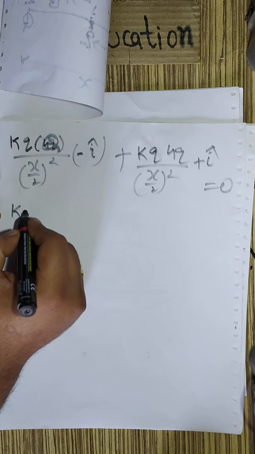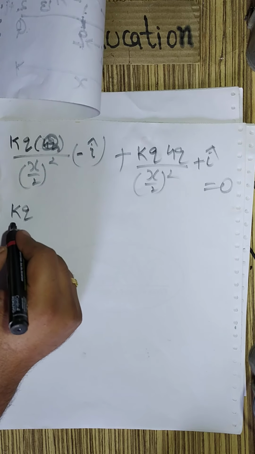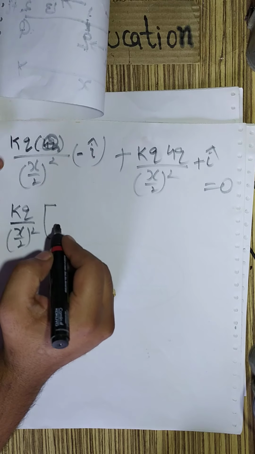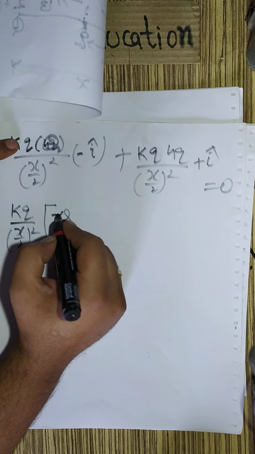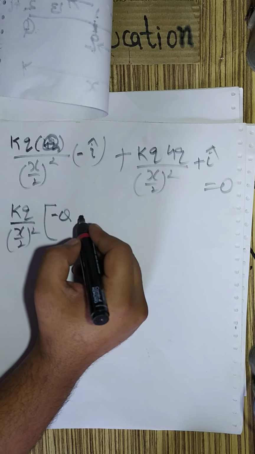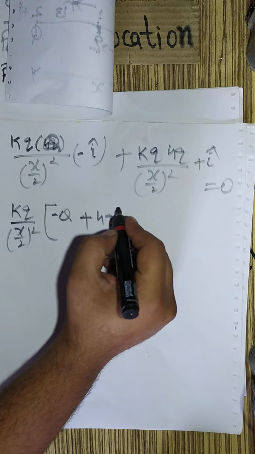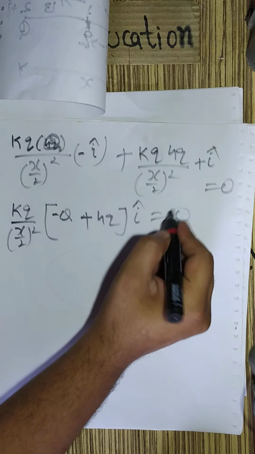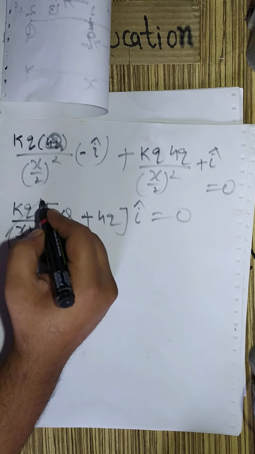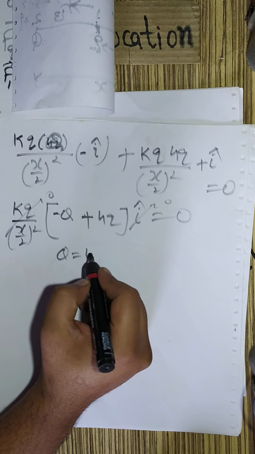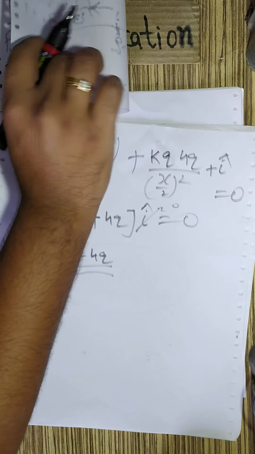Taking out K common, Q common, x by 2 whole square common, the remaining things are minus Q, and here it will be plus 4Q. i cap is also common, so this one is 0, remaining is this. So we conclude that Q equals 4Q, which is the correct answer.